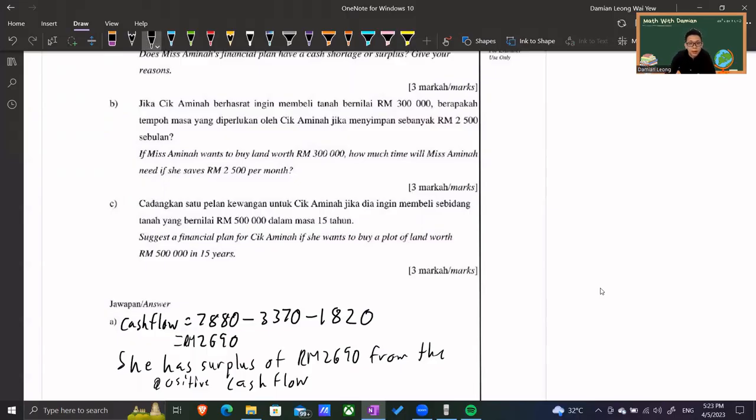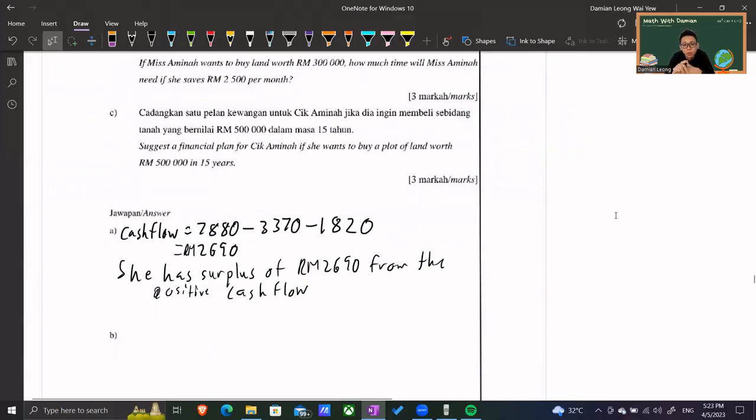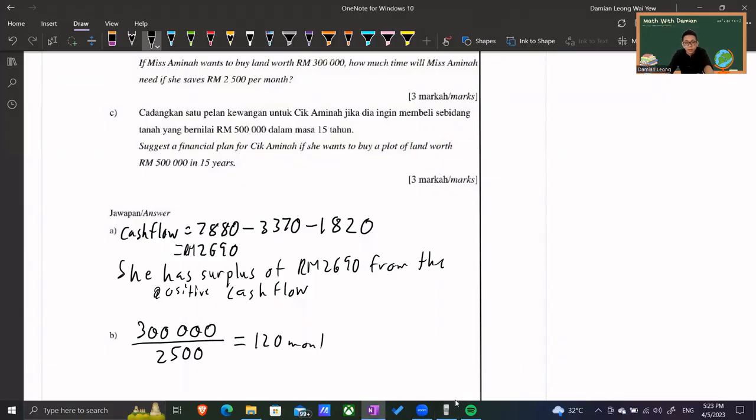That's part A. Part B, if Miss Amina wants to buy land worth 300,000 ringgit, how much time will Miss Amina need if she saves 2,500 per month? So it's just 300,000 ringgit divided by 2,500 to get the number of months. 300,000 divided by 2,500 is 120 months.